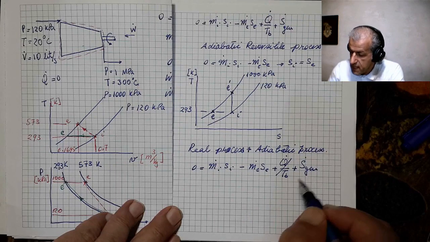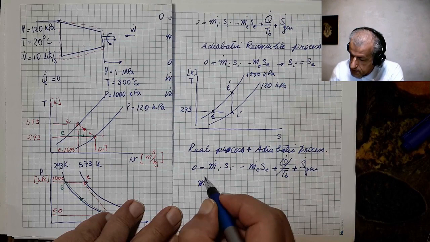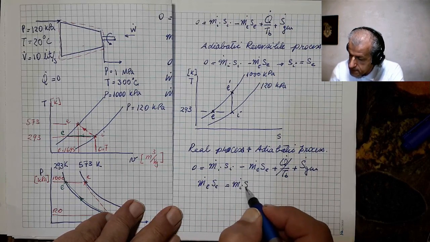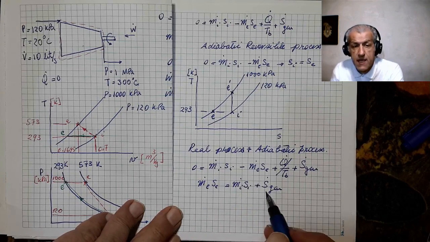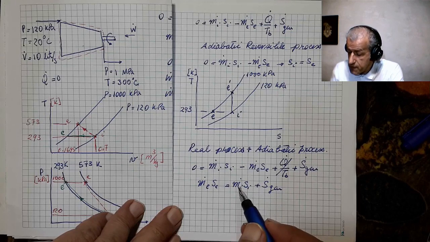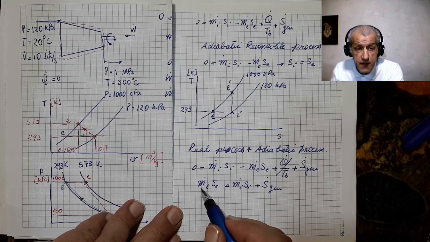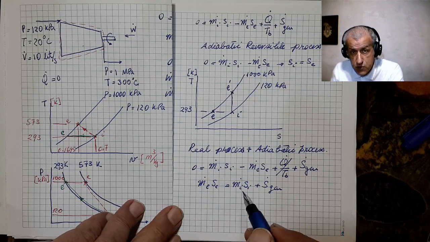This term vanishes, and therefore m dot e s_e would equal m dot i s_i plus S dot gen. And since S dot gen is always positive by the second law, this term would be added to a positive value, and therefore the final entropy would always be larger than the initial entropy.